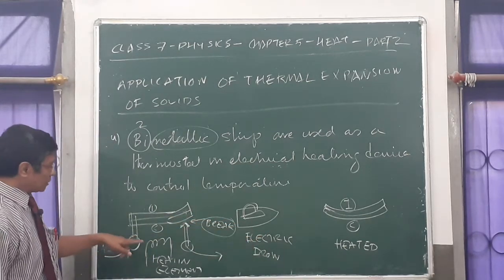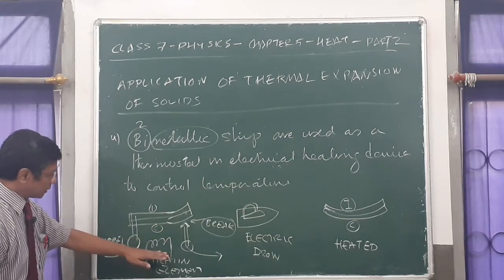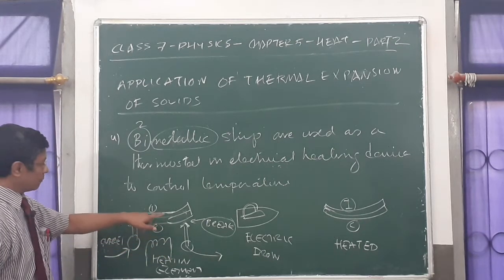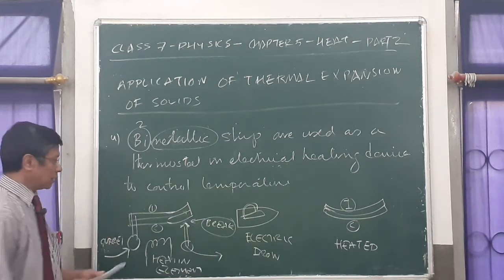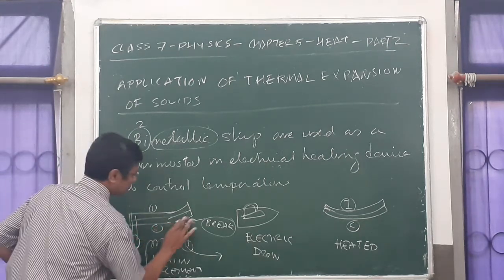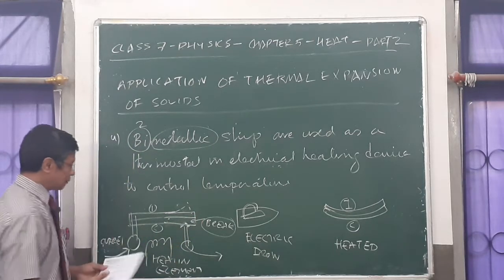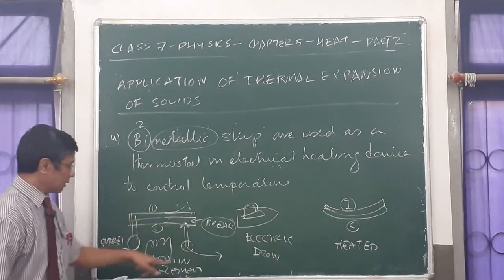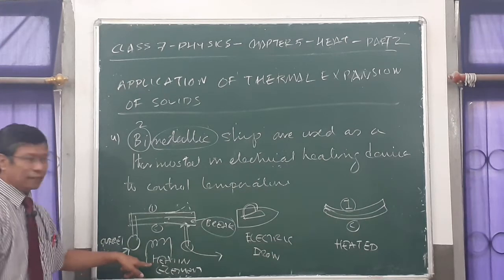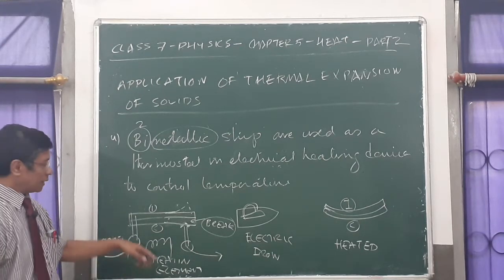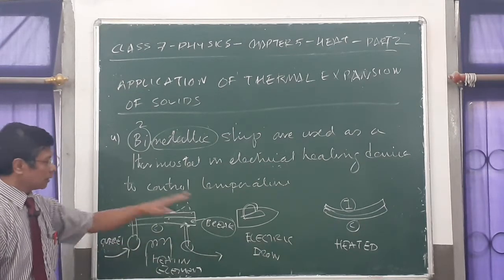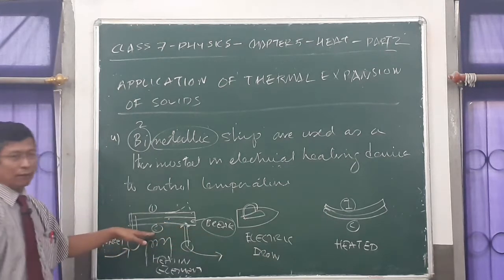But what happens after some time is that because the heating element is not supplying any heat, the bimetallic strip starts cooling down, and as it cools down, it becomes straight again, and the connection is established and the current starts flowing again, and that current starts supplying heat to the heating element, and it starts heating the electric iron as well as the bimetallic strip again.